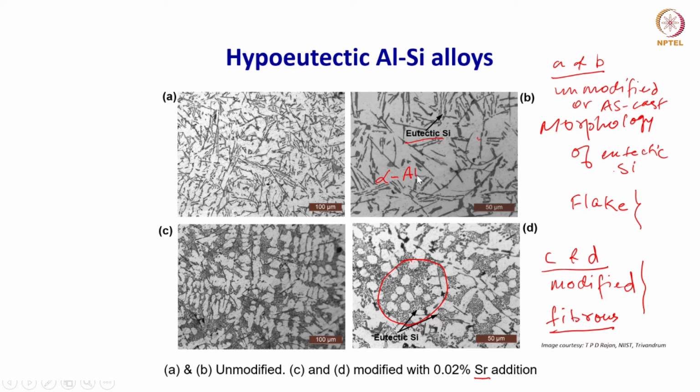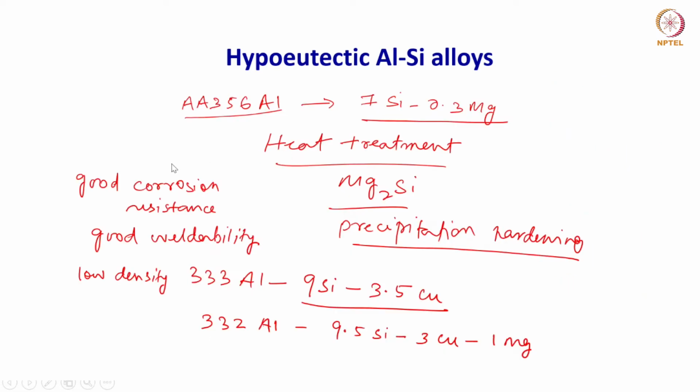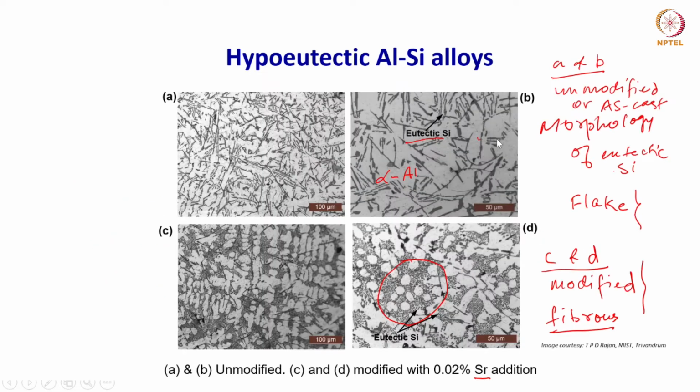So these are some of the hypoeutectic alloys, and this is what you will see in the microstructure: the alpha aluminium phase and the eutectic silicon. Many times you might find this eutectic silicon along the grain boundaries or the interdendritic regions if you have dendrites.